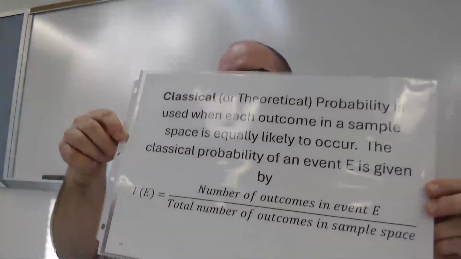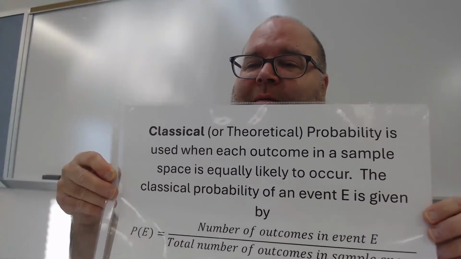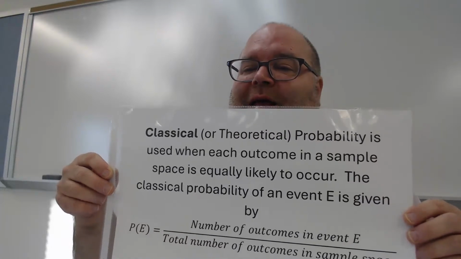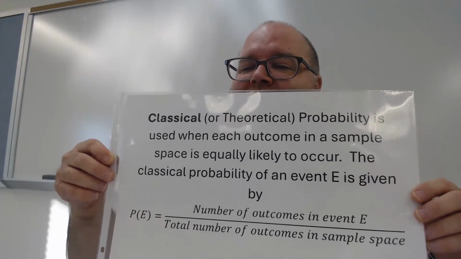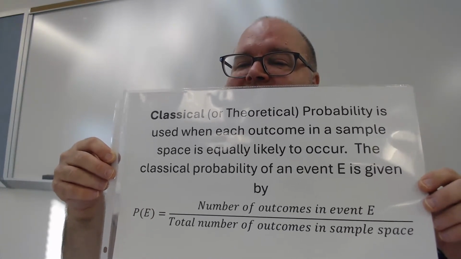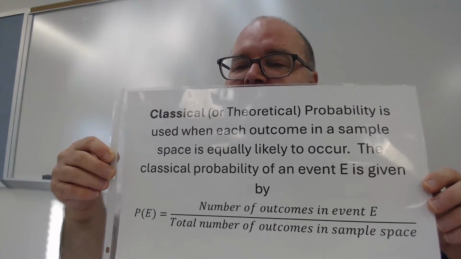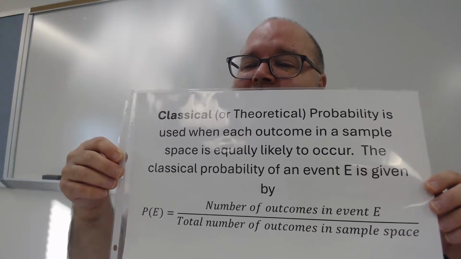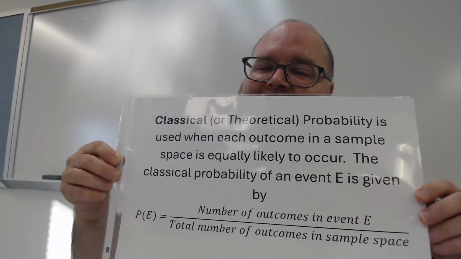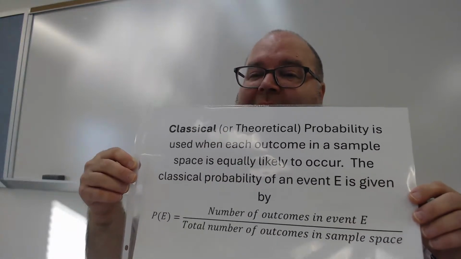Classical, or theoretical, probability is used when each outcome in a sample space is equally likely to occur, and the classical probability of an event E is given by the number of outcomes in an event E over the number of outcomes in a sample space. So the number of outcomes in event E over the number of outcomes in a sample space.